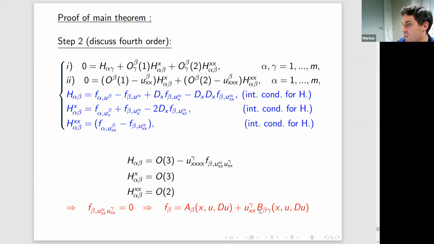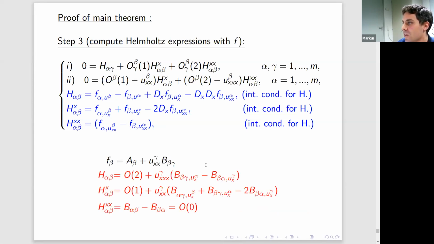So this is what you derive in the second step of the proof. And then basically it's more or less always the same. You do such a kind of order discussion in some sense. I don't know if I have to go precisely to everything now. So we already derived in the second step that this f alpha is affine linear in this way.